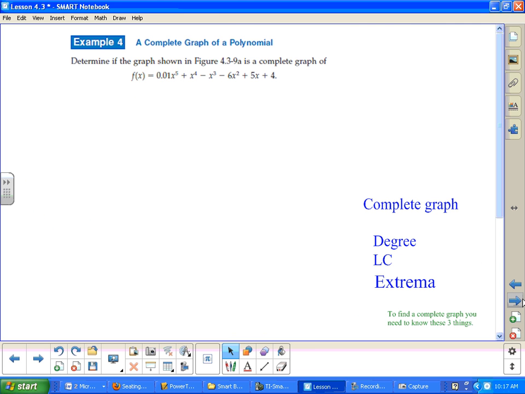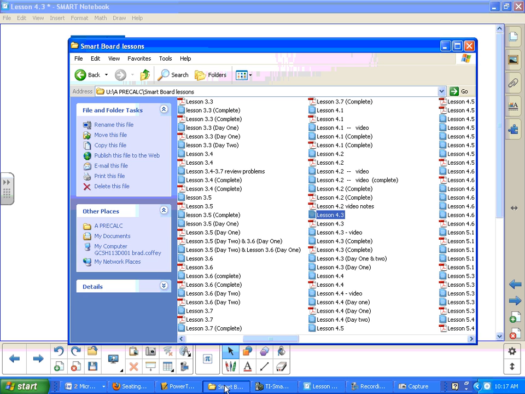We want to find a complete graph of this polynomial, and it says determine if the graph shown in figure 3.9a is a complete graph, and I don't have that. So let's go to the teacher's edition.